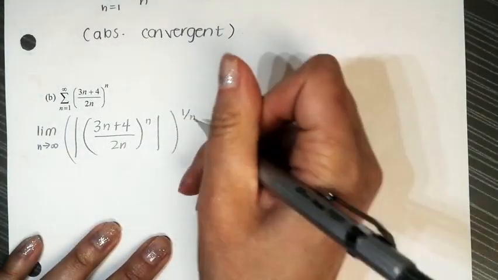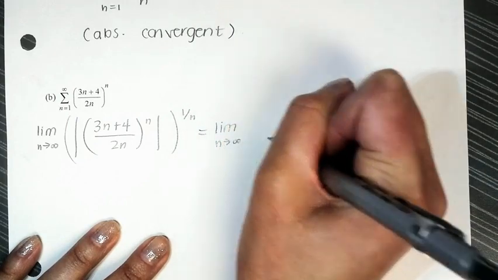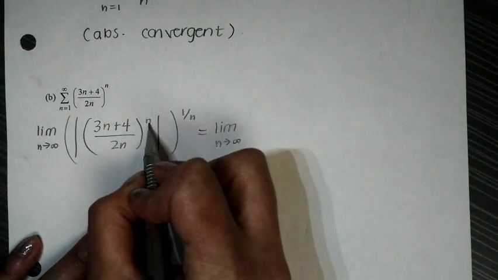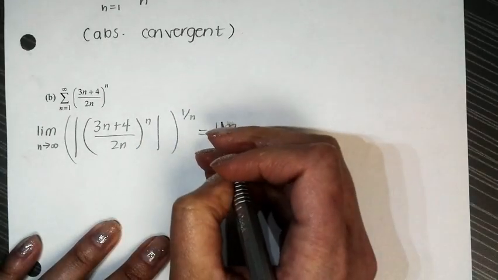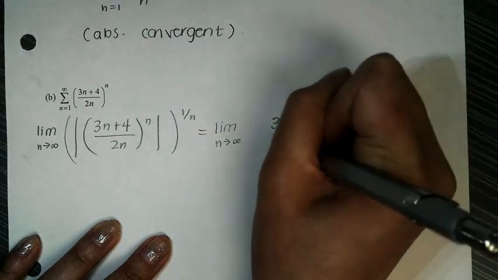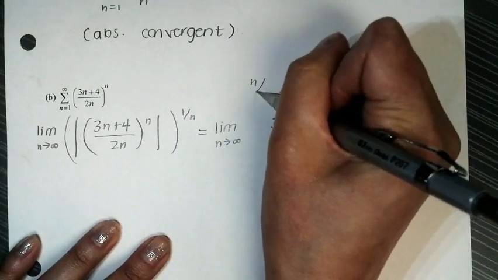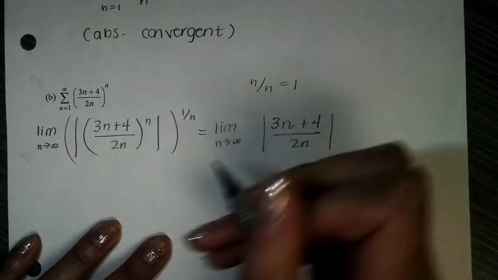Similarly to the previous example, you know your properties of exponents very well. 1 over n times the power n is going to be the power of 1. So you have 3n plus 4 divided by 2n, with the absolute value there.